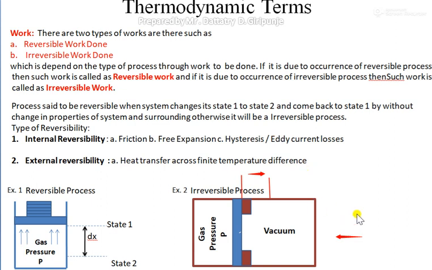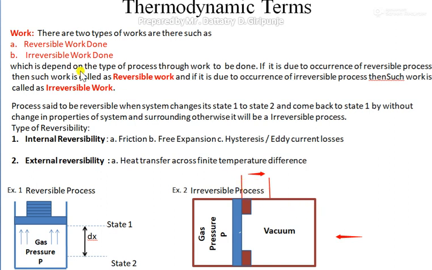Either by human effort, or by other machine effort, or by animal effort, I have to push the piston in this direction. It means I am borrowing work from the surroundings to push that piston back from state 2 to state 1, to come back to the initial state.